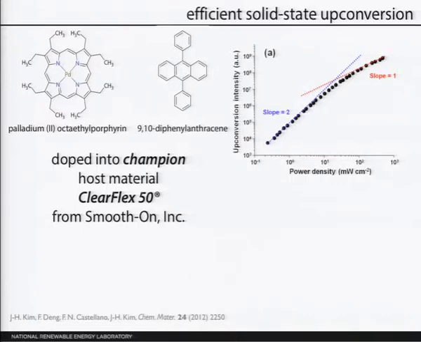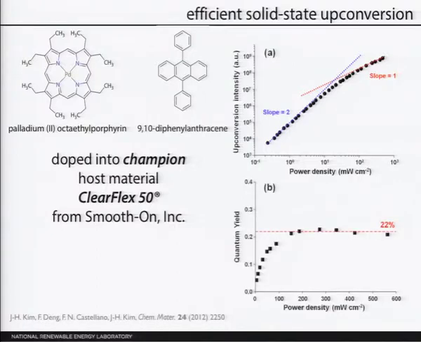Finally, my collaborators extended this approach to the same chromophores doped inside another commercially available polyurethane, Clearflex 50. And what they were able to observe in this system is the transition from that quadratic dependence at low power densities to the limiting case where you see a linear dependence, at which point you have saturated the conversion efficiency.